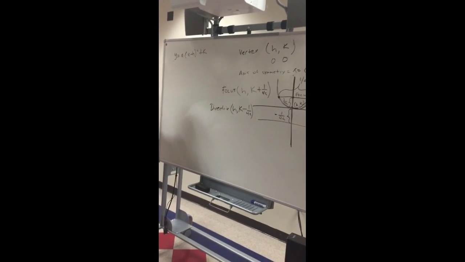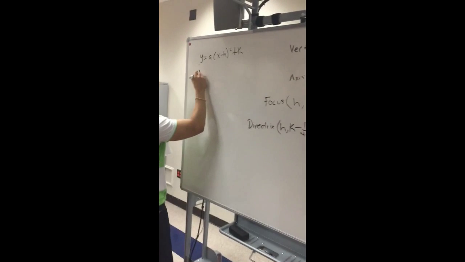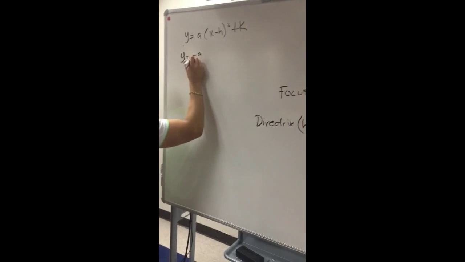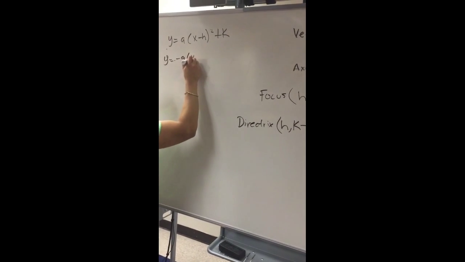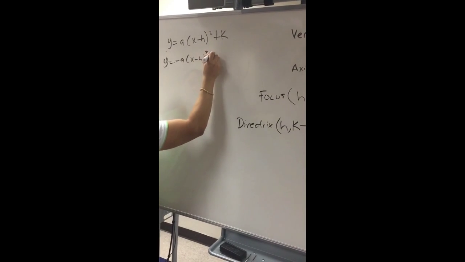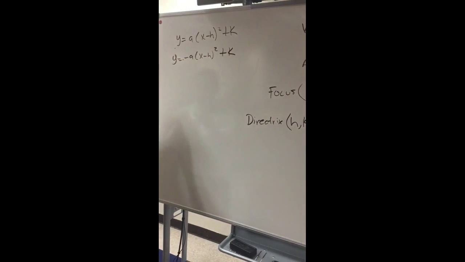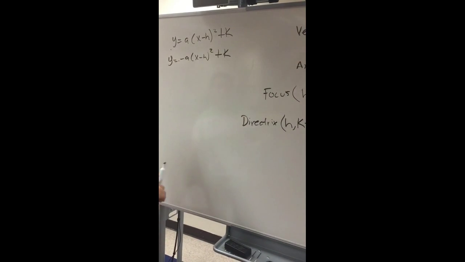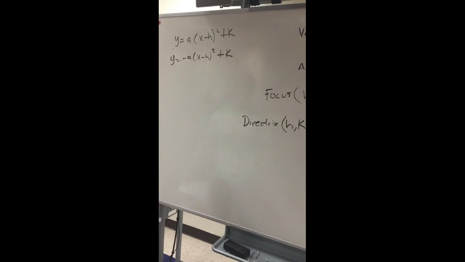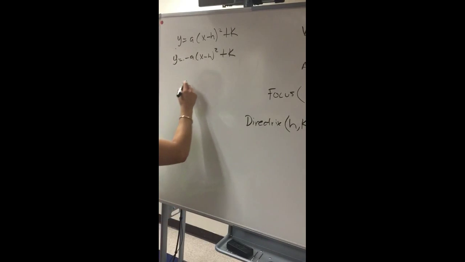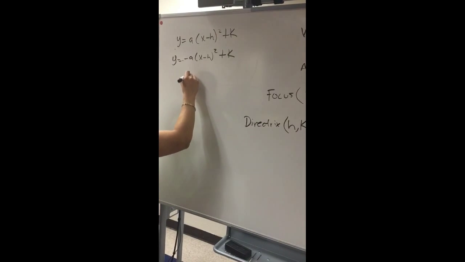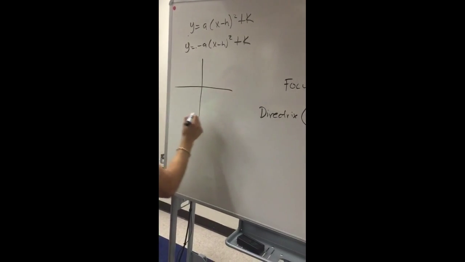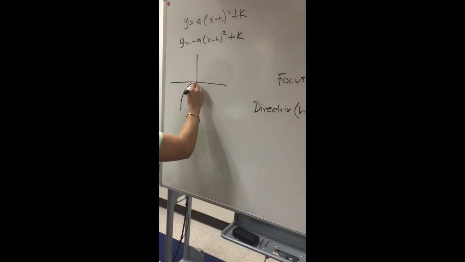So let's pretend that we have y equals negative a times x minus h squared plus k. If we have a parabola like this, it's going to be exactly the same thing for everything, except that we are going to have the parabola looking down.